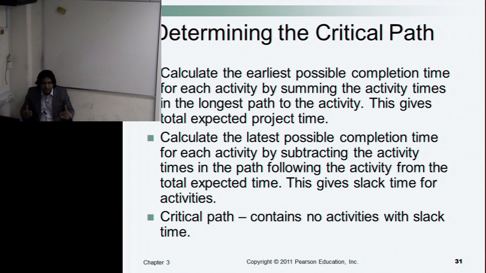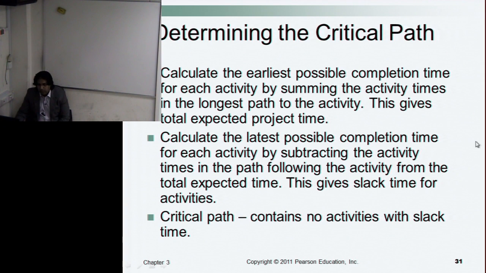That would give us the expected time for the overall project. Unless you do not understand what are the latest or earliest possible completion times, it would be difficult for you to understand the critical path.